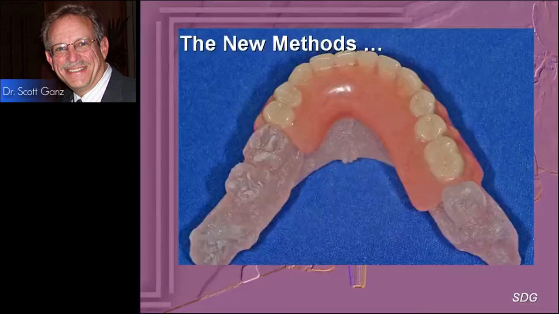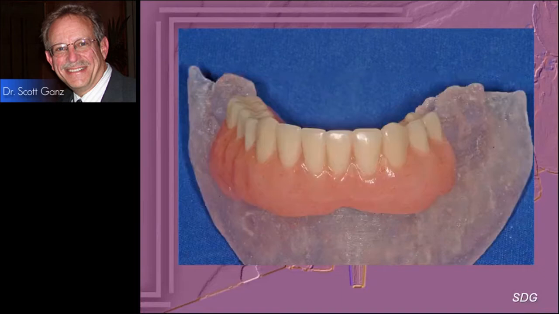So we're no longer looking at a stone model, which doesn't give us the true information about the underlying bone. We have the ability to use other advanced types of technology, such as stereolithography, which allows us to have a bone model of the actual patient's anatomy, so that there is no longer any guesswork.